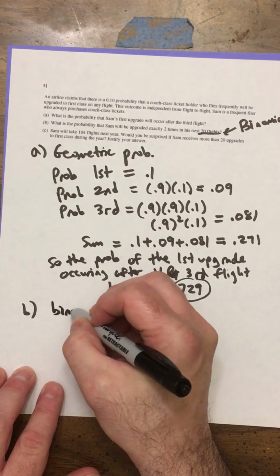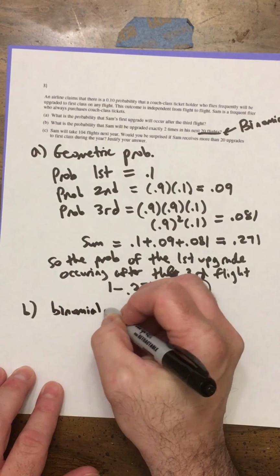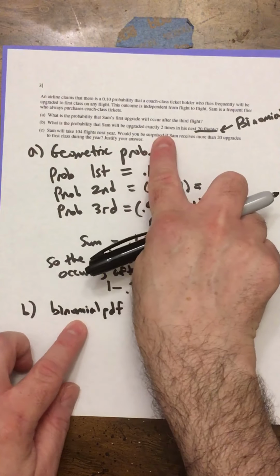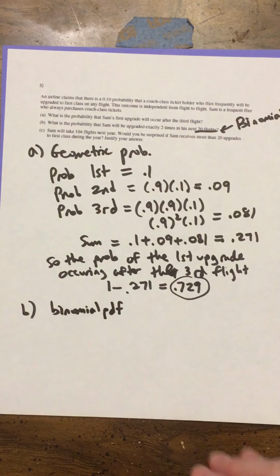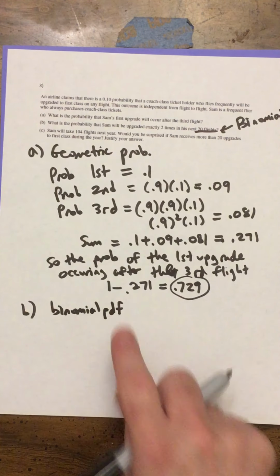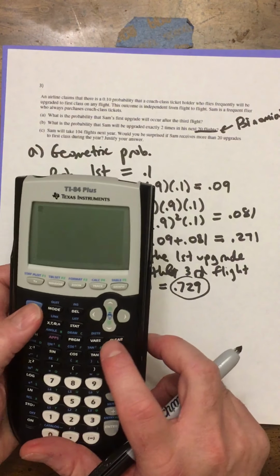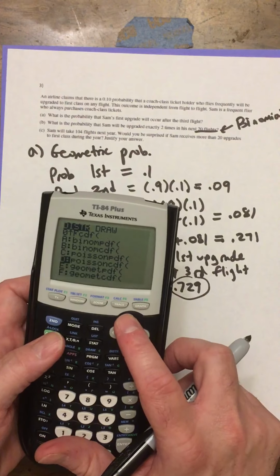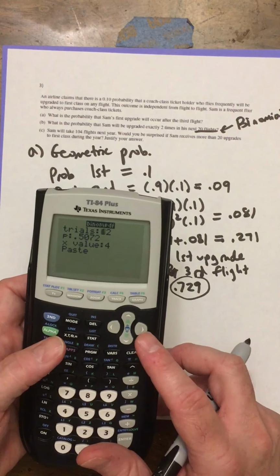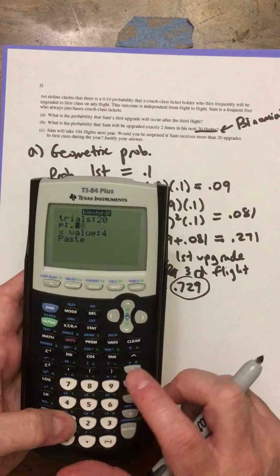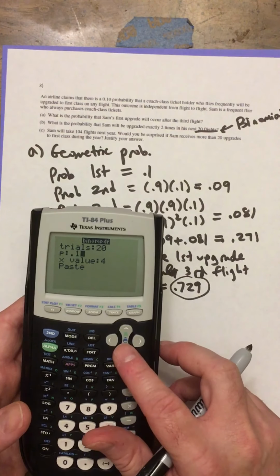That's a binomial PDF situation because we're doing exactly 2. We're not doing greater than 2 or less than 2 or something. So that would be a CDF. This is going to be a PDF. The way we're going to put this in our calculator, we're going to go to the distribution binomial PDF. The number of trials, we're looking at 20 flights. The probability that he gets upgraded is 0.1.